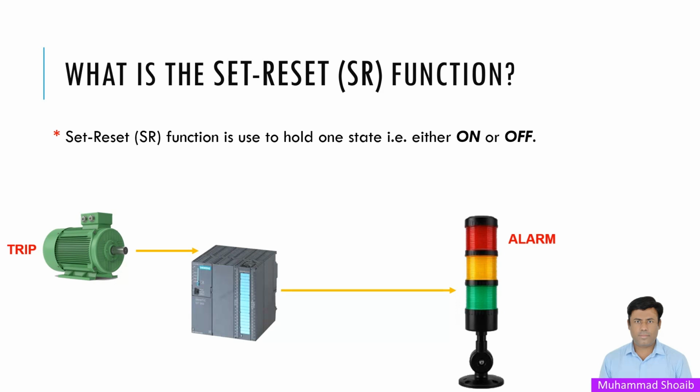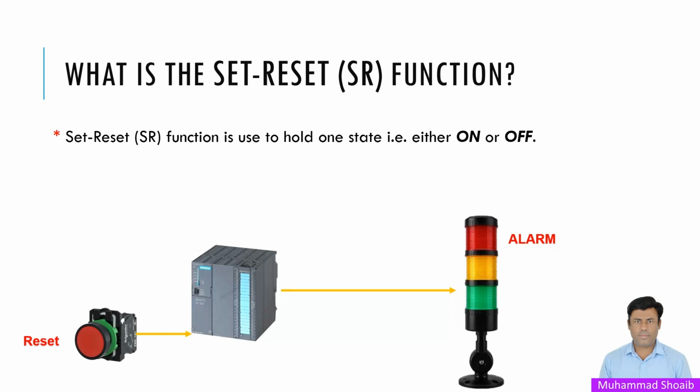This alarm should stay activated even after the trip is removed from the field, and this alarm state will continue to hold until we press the reset button. Once we press the reset button, this alarm indication will go off.